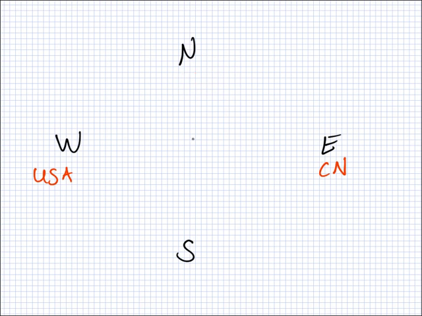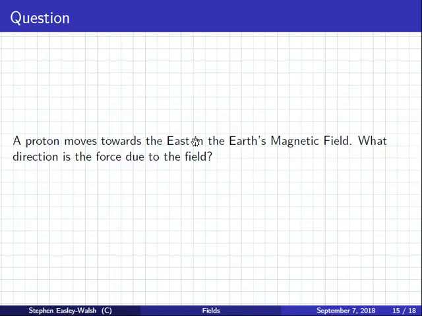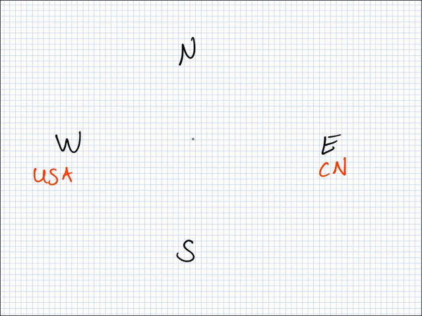Santa up there. Okay, so you have a proton and it travels to the east. So use the left hand. What's the direction of the force? Current is right, or out?